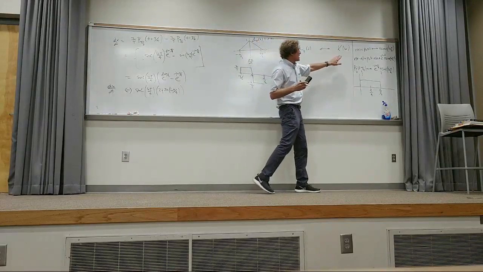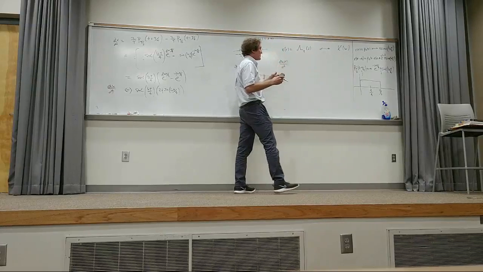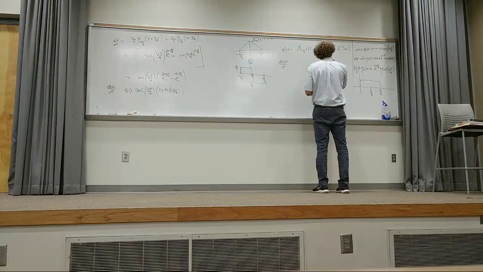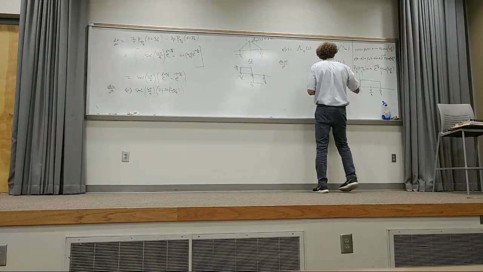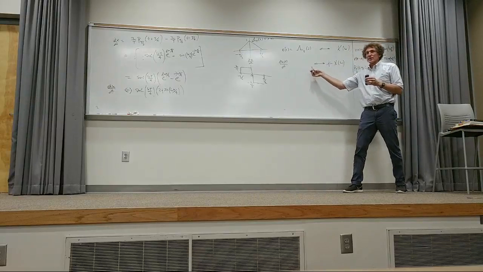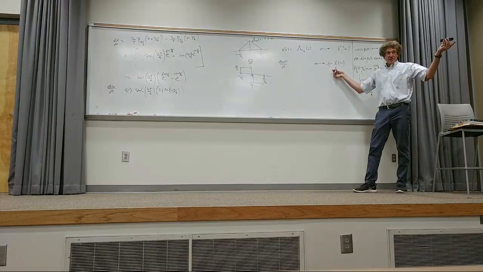If we knew this transform that we want, then if we took the time derivative, effectively what happens over here? Wouldn't that just be j omega X of omega? Isn't that right? A time derivative just brings over a j omega in front of the actual Fourier transform. Do you remember that, class? It's straightforward.